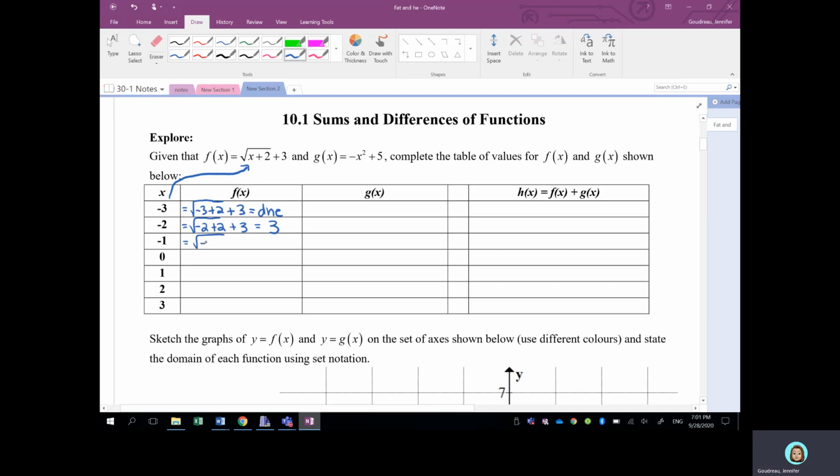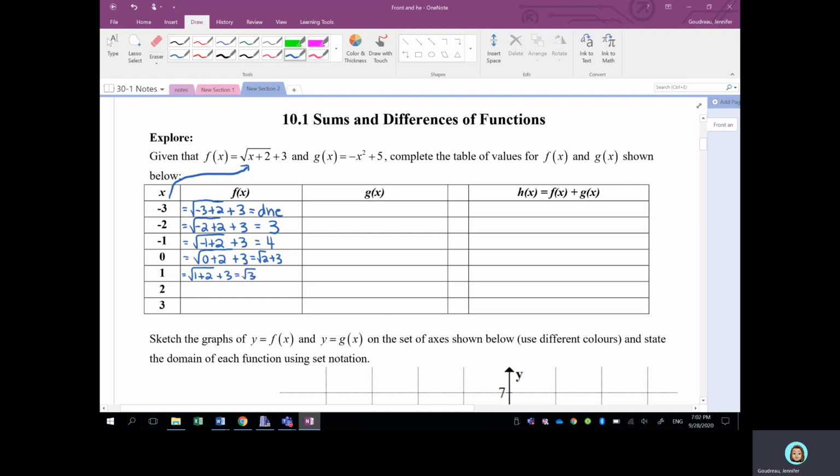Plugging in negative 1: negative 1 plus 2 is positive 1. The square root of positive 1 is positive 1. Plus 3 is 4. Plugging in 0: 0 plus 2 is 2. The square root of 2 is irrational, so I'm just going to write it right now as root 2 plus 3. For 1, we're plugging in 1, so the square root of 1 plus 2, which is the square root of 3, that's also irrational.